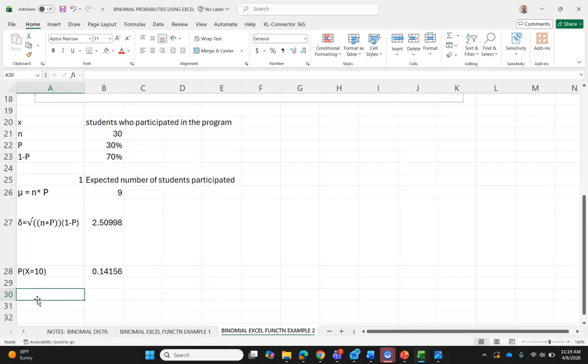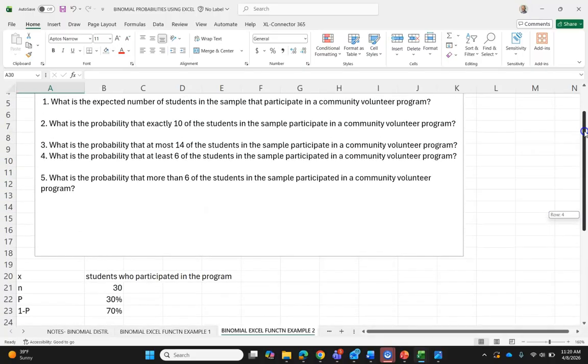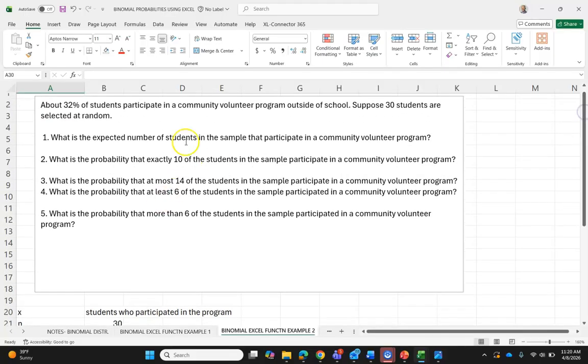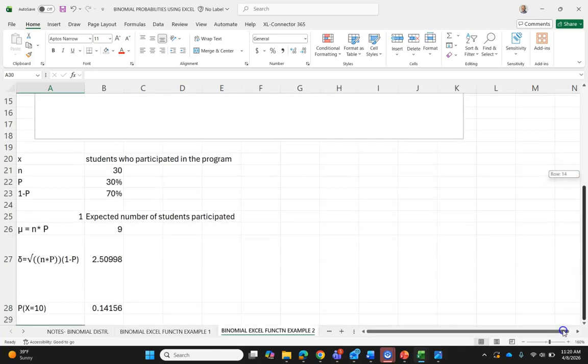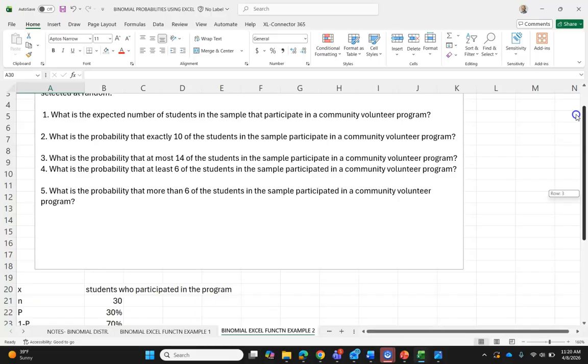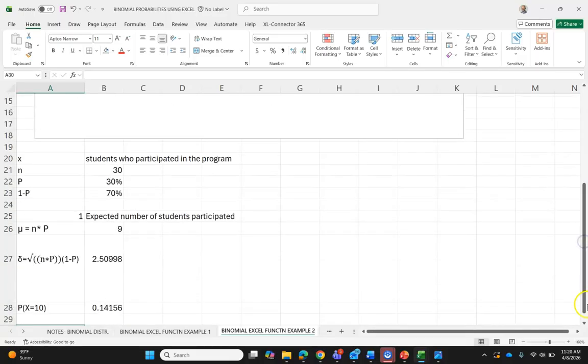The next question says, what is the probability that at most, was this at most or at least? It says at most. So at most, we can define that as the probability of at most 14 students participated.